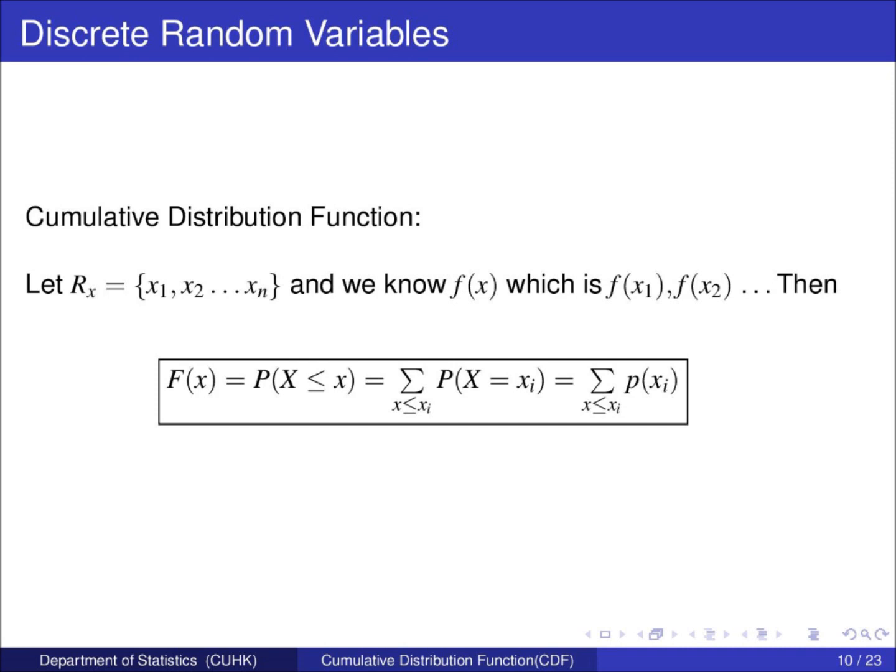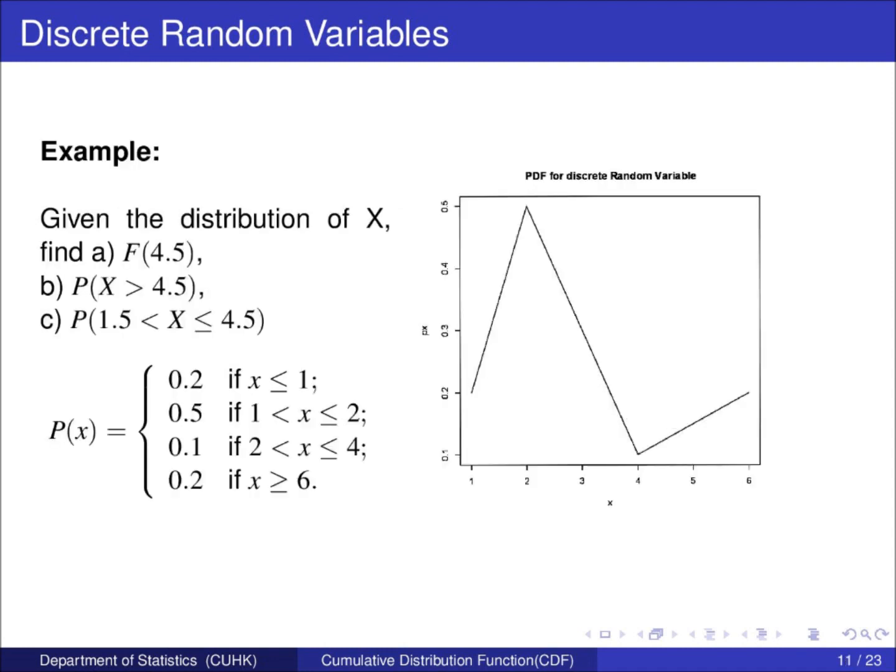And this will be equal to the summation of the probability of xi for xi smaller than or equal to x, where xi is taken from x1 to xn. Then let's take a look at the example.